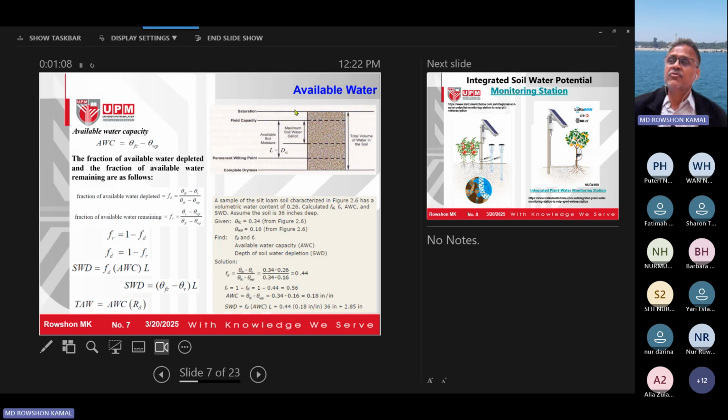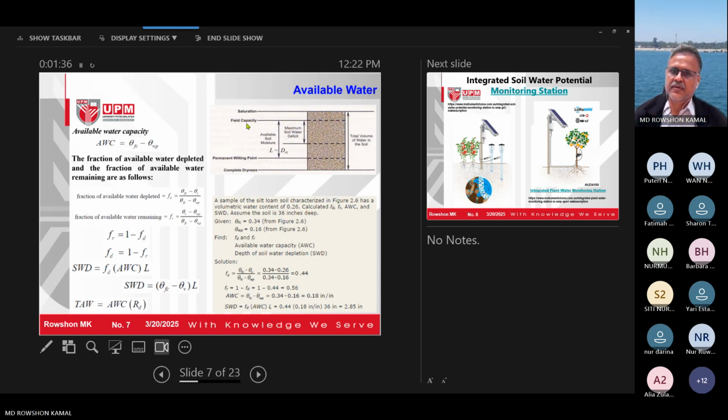But below full, it is a comfortable zone. If you like, you can still eat, like some dessert. That is optimum capacity, comfortable. This is called field capacity.